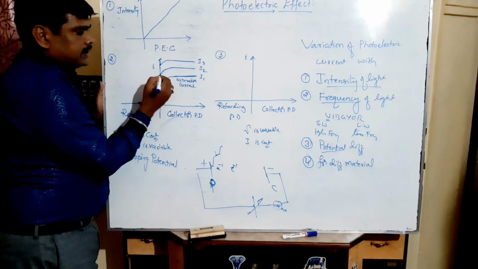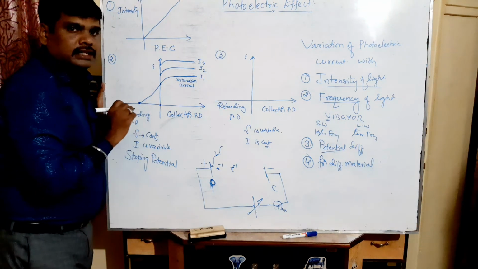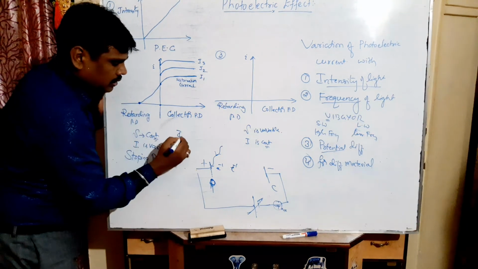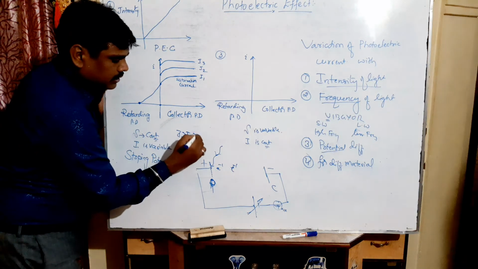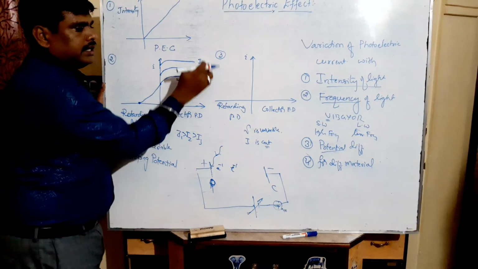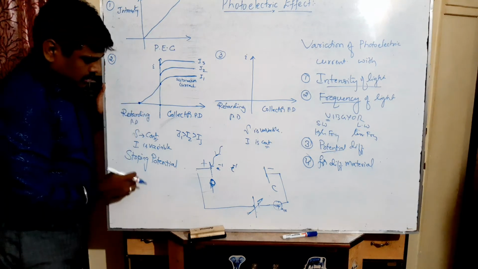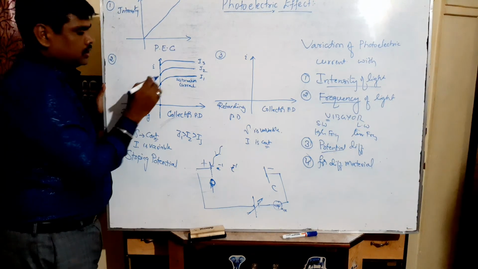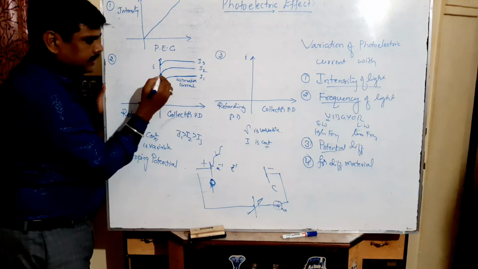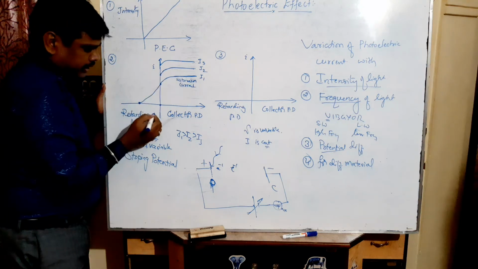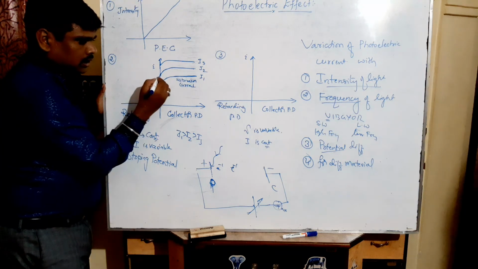Now for the second intensity I2, here I1 is greater than I2, which is greater than I3. When intensity increases, the saturation current increases. But I want to check how the stopping potential can vary. Again for the second set, if you increase the retarding potential, the photoelectric current decreases like this.